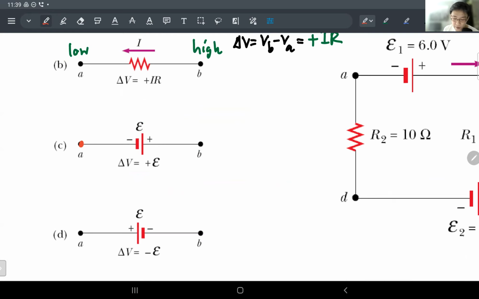So if you want to figure out the potential difference, VB minus VA, what will happen here, guys? Well, this is going to be high, and this is going to be low, because B is attached to the positive terminal of the battery. Point A is connected to the negative end of your source or your battery.